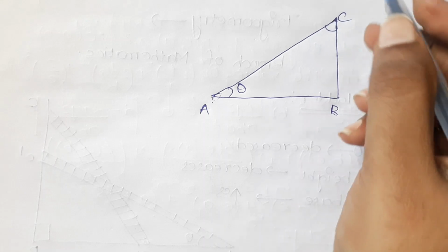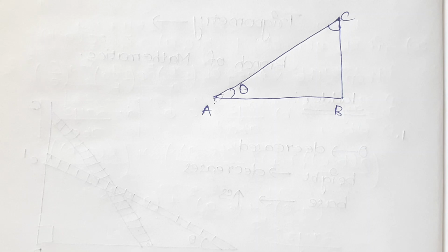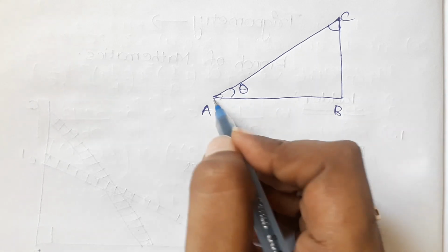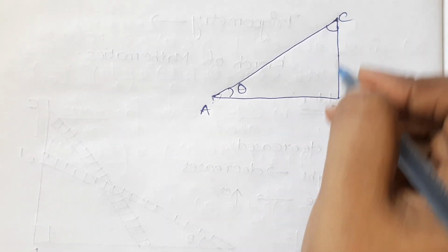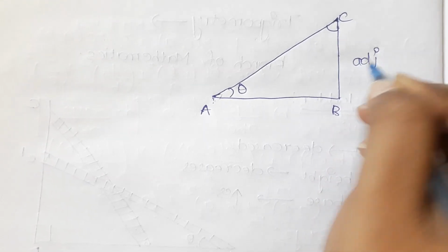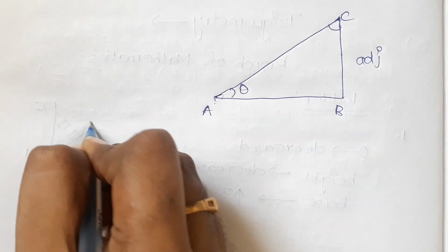For C, BC is the adjacent side. Yes, of course, it is the same side, because for angle A, BC is the opposite side, and for angle C, BC is the adjacent side. According to the angle, the side is also changing. Now we have to understand the relationship between sides and angles, and all these relations we will study under trigonometric ratios.